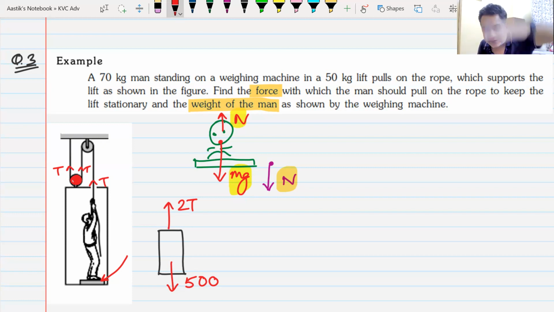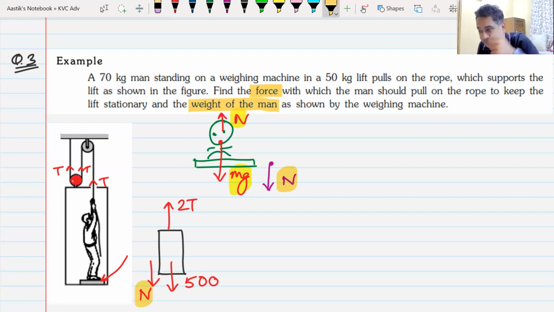Now, apart from this, is there any other force acting on the lift? The man and the weighing machine, and the weighing machine does not have any weight. The man is pushing the weighing machine and the weighing machine is pushing the lift downward. So let us call this normal reaction as N. Now this N is the reading of the weighing machine.